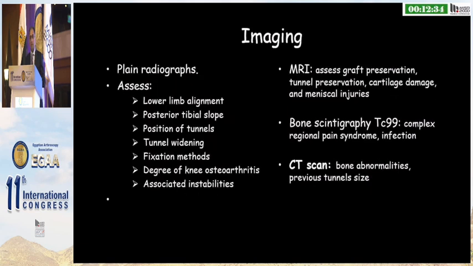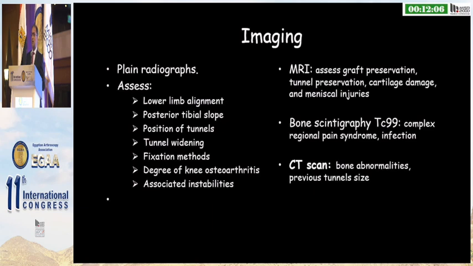For imaging, we need to get plain x-rays. Sometimes it is easy to do an MRI for everybody because we know there is an ACL problem, but looking at the x-rays, checking the slope, and checking the knee alignment, especially in the revision, we need to see if there is any tunnel widening, whether it is in the right position, and if any arthritis has developed already, and what stage.